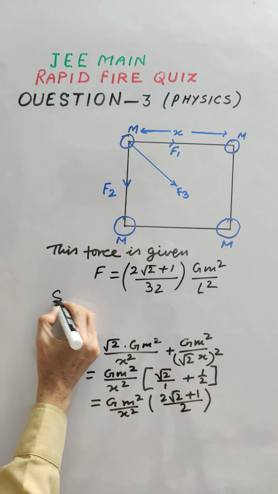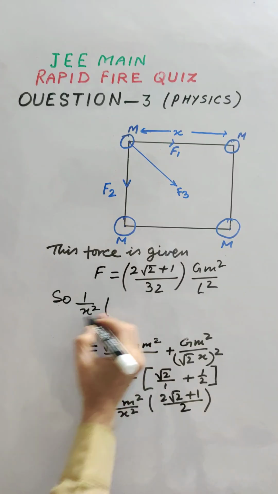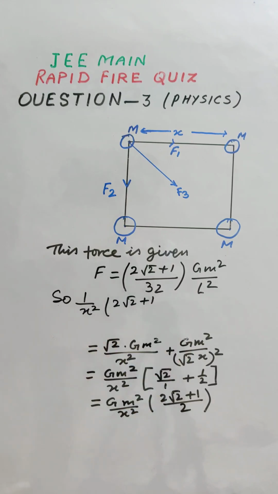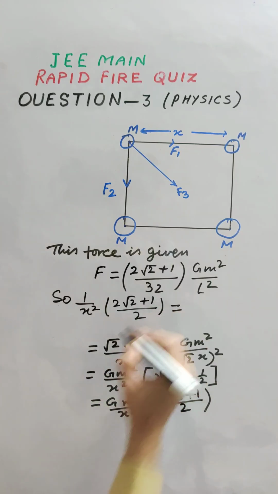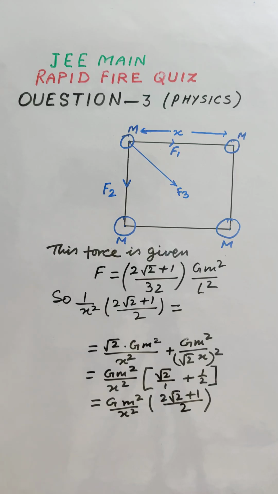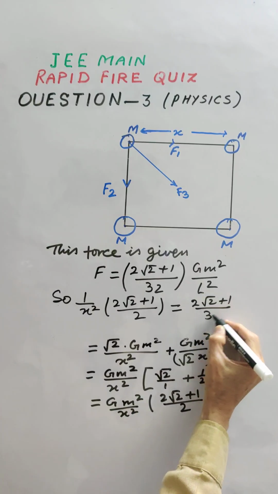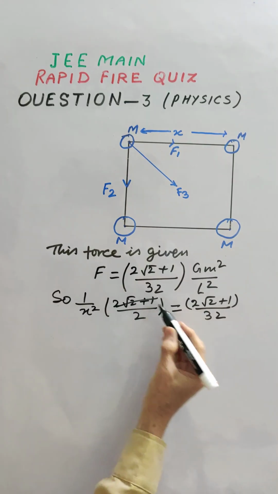So 1 upon x square into (2 root 2 plus 1) upon 2 is equal to (2 root 2 plus 1) upon 32 into 1 upon L square. This whole is cancelled with this whole.